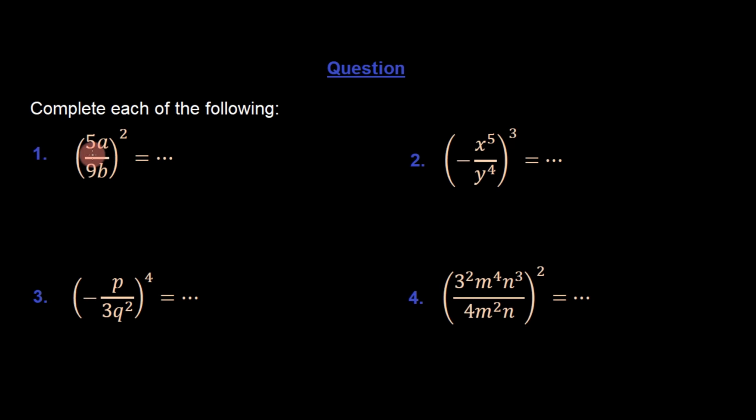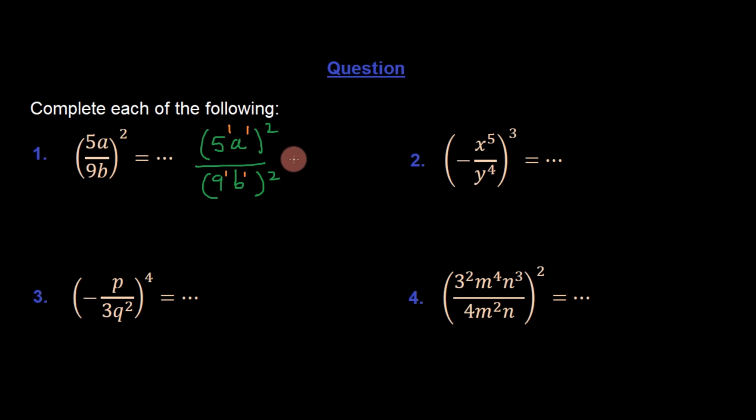In number 1, we have (5a over 9b) all squared. We can straight away apply law 4 and apply the power of 2 to both the numerator and the denominator. Now, inside the brackets, we have ones here as powers that we don't write.